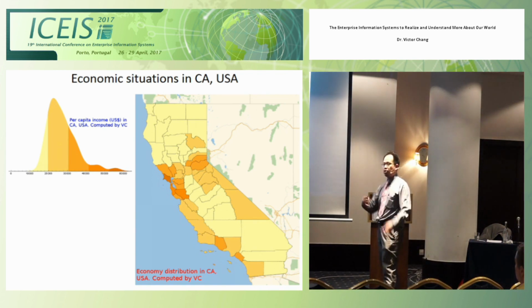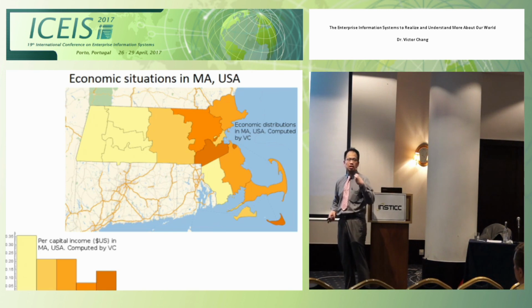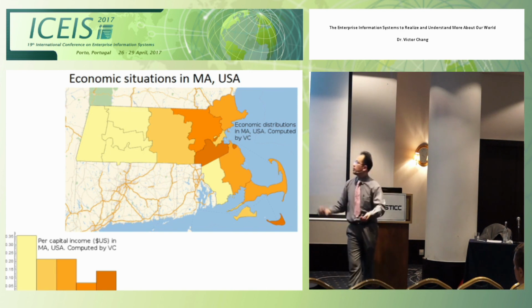So the best approach is to collect as a collective group, although there can be certain discrepancies and discussions about the measurement, but this is the best approach so far, because you cannot get everyone's salary, but you can collectively get everyone's per capita income.